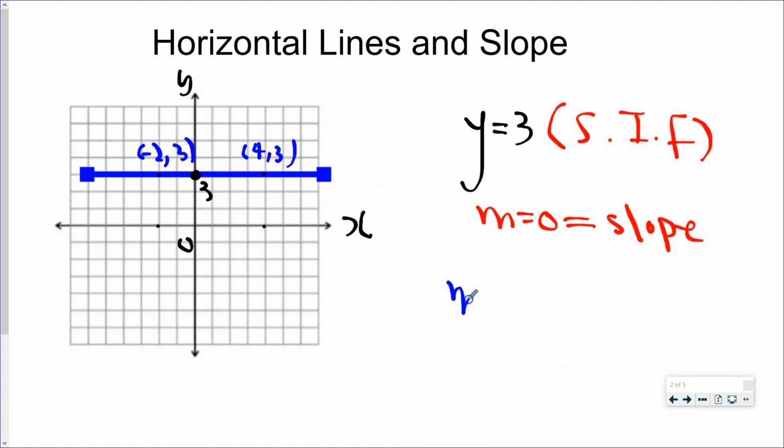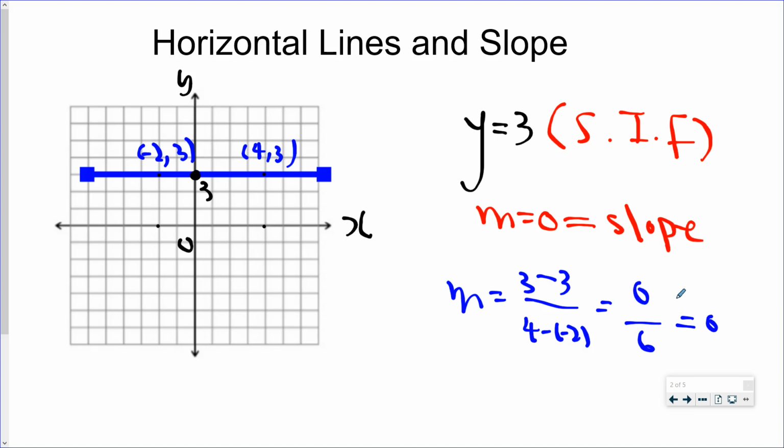My m is equal to 3 minus 3 divided by 4 minus -2. So I'll get 0 over 6. 0 divided by whatever number, you'll get 0. So there are two ways to do it.